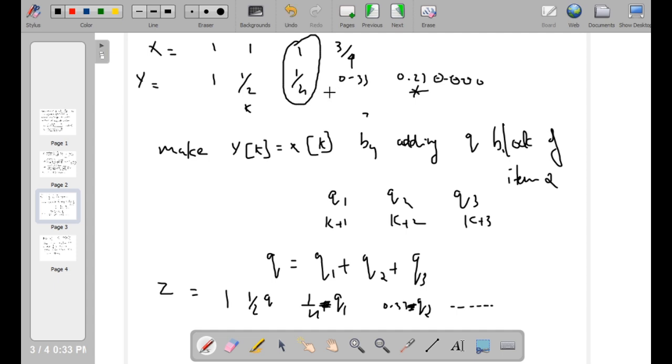We will be getting another solution, some Z dash, which will have higher profit than Z. And we continue this. Finally we will be reaching this solution. So we have proved that our solution X is the optimal one. There is no other solution which will give higher profit than X. And this is proved.